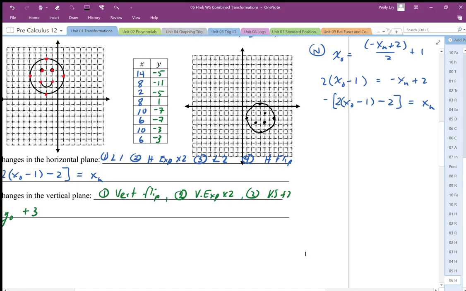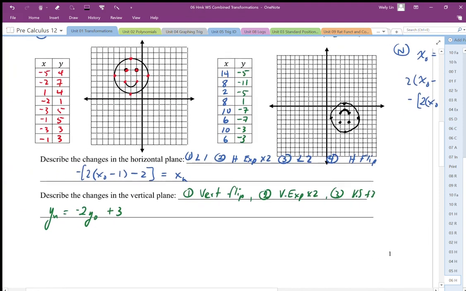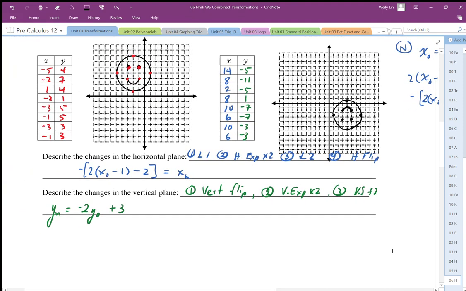It's going to be 6, negative 3, right about there. And the bottom of the smile should be right about there. Okay, so there's my smiley face. It's upside down. It's been transformed using these two transformations for horizontal and vertical.